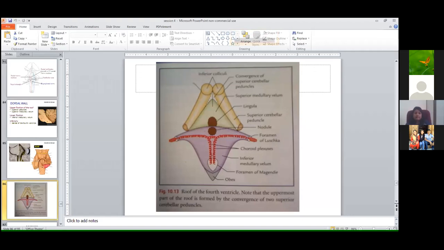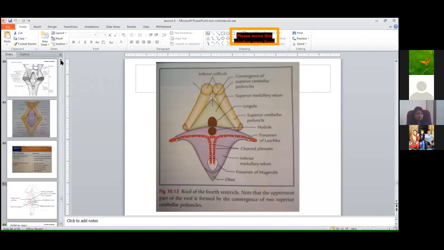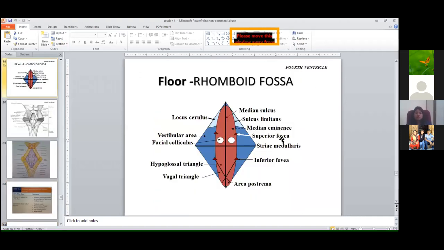Ma'am, can you explain the rhomboid fossa, fourth ventricle? Maybe they are confused with the shape of that. That's why I put this image, it is very simple. So the floor of the fourth ventricle resembles a rhomboid fossa.